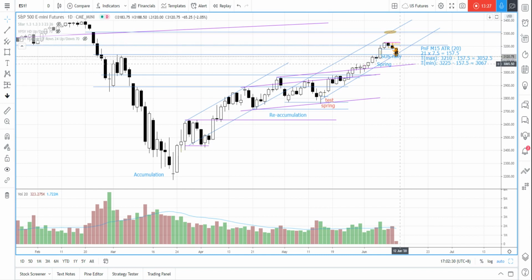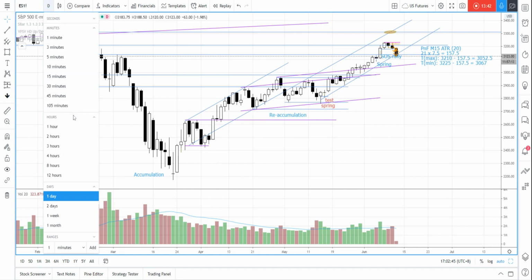And I think it's possible to test this resistance turn support level. So overall for the long term, I will still stay in the bullish camp. But for the short term, I think it's undergoing some kind of correction.